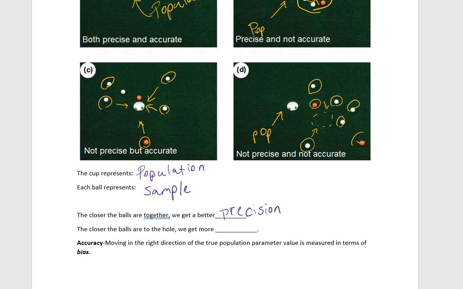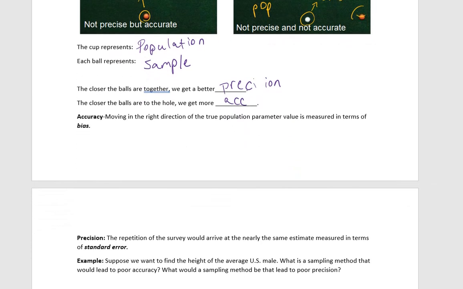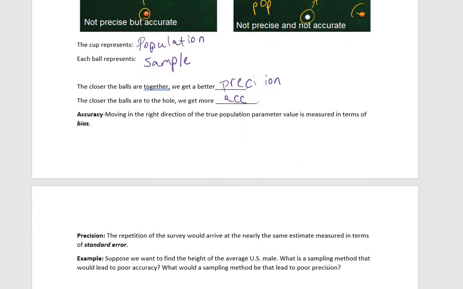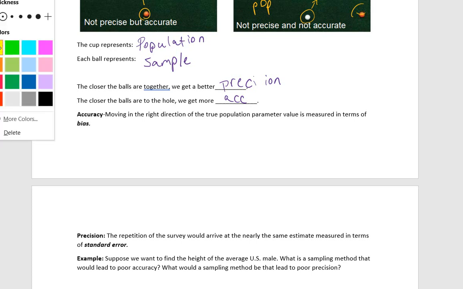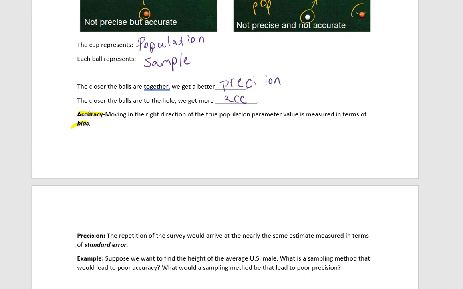But the closer the balls are to the hole, the more accurate we are. Accuracy is when we're moving in the right direction of the true population parameter, okay? The way that we check that we're doing this right is that we measure it using something called bias. So just remember that accuracy is related to bias.